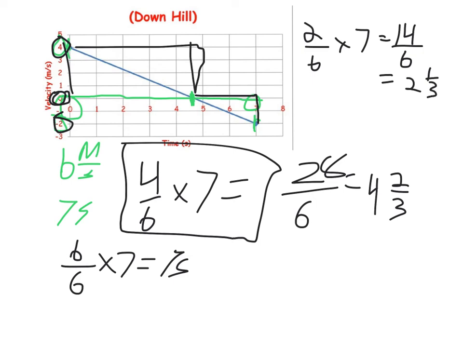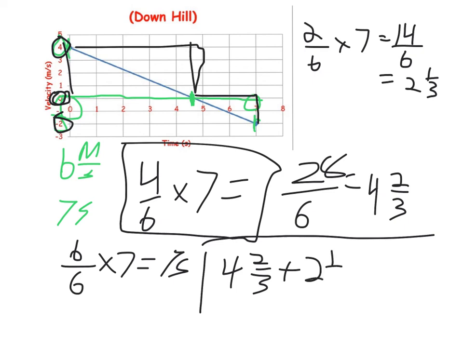Now, if you do some simple math, 4 and 2/3 plus 2 and 1/3 is equal to 7 seconds. So that would be exactly how long our two intervals are. The first one was 4 and 2/3 seconds. The second one was 2 and 1/3 seconds.